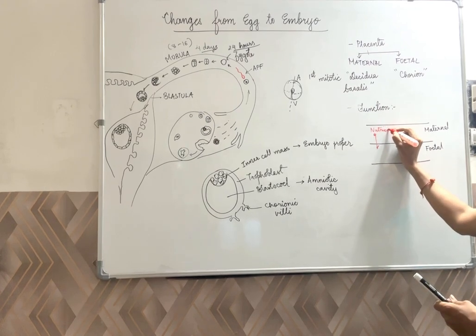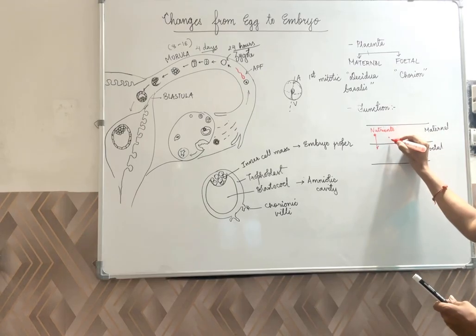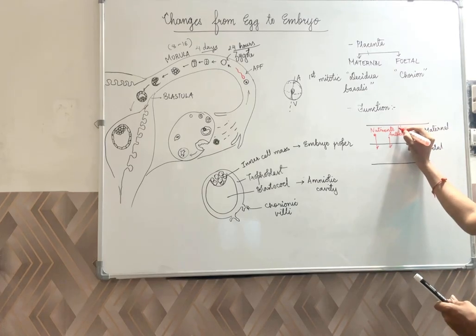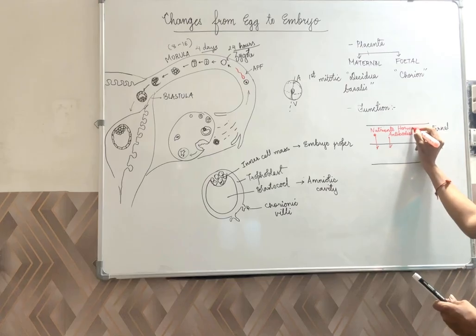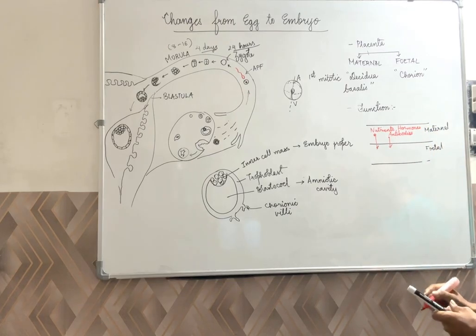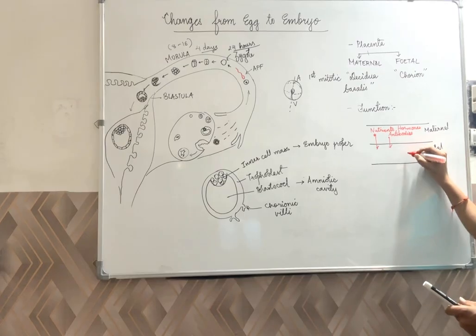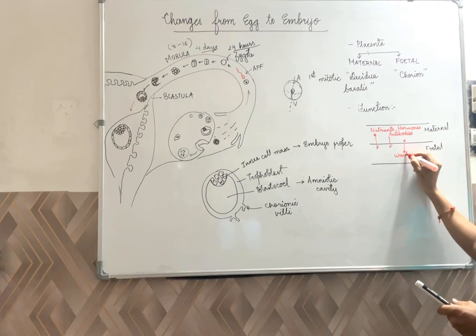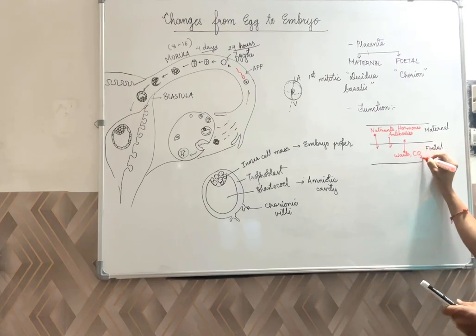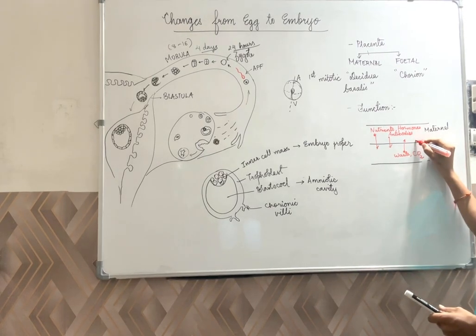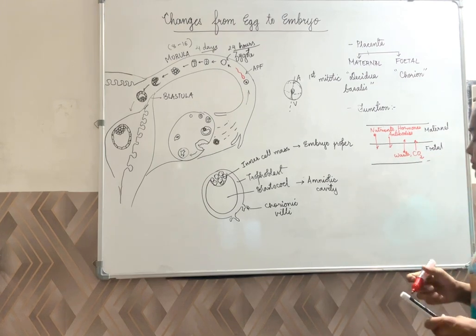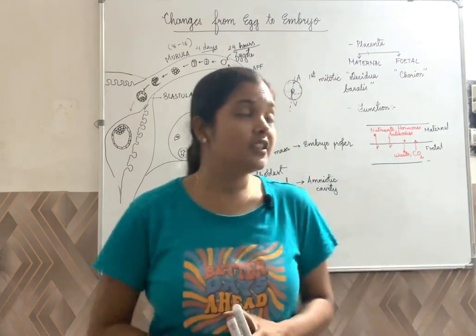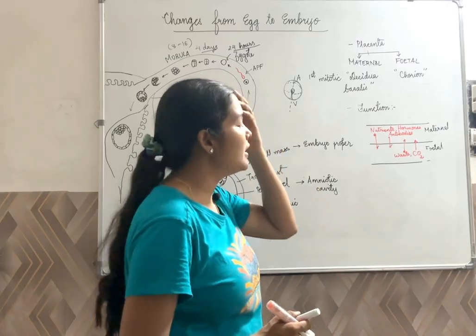Also, the mother produces certain antibodies, so antibodies will be passed on. There are some important hormones which will again be transported from the mother to the fetal blood. Whereas the fetus has excretory waste and CO2 which it has produced after metabolic activity, even that has to be passed out. So this exchange is observed across the placenta. This placenta is also termed a hemochorial placenta.